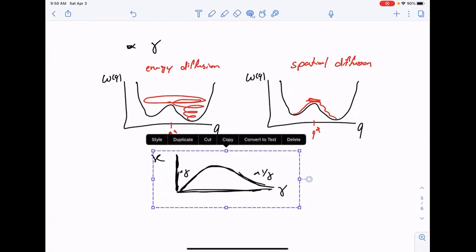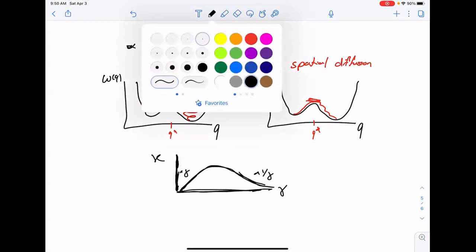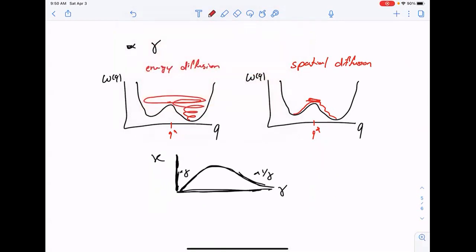One can observe this in simple reactions by varying the viscosity of the solution, so that you can transition between two different kinds of dynamical regimes. And this non-monotonic behavior of kappa is what's known as the Kramers turnover.